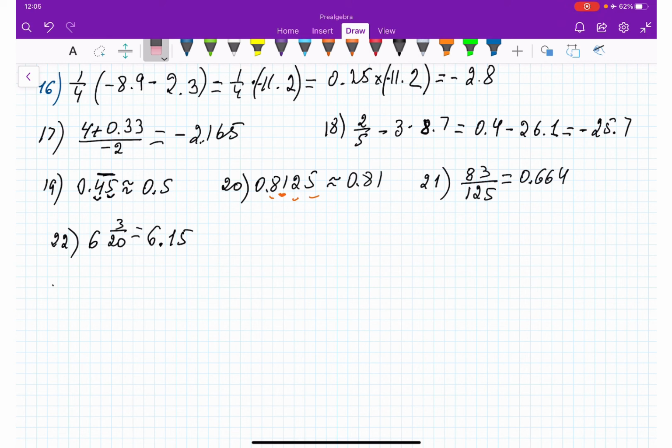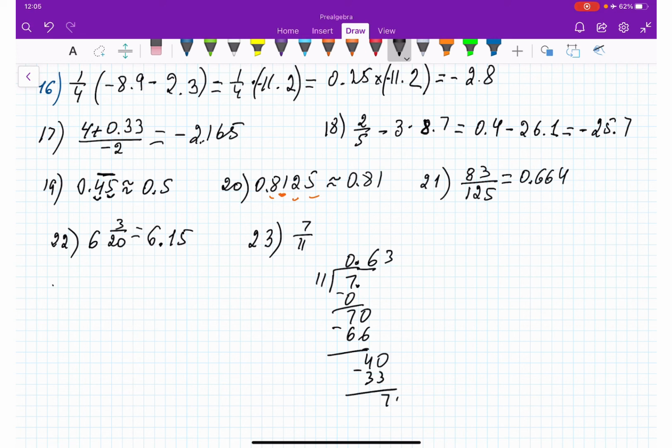Solving question 23. We have a total of 24 questions to solve, 23, 24, and we are done. So write as an equivalent decimal 7 over 11. Dividing 7 by 11, 0 right away, decimal point, and then 0. So 70 divided by 11. It's going to be 6, 66. 10 minus 6 is 4. 40 divided by 11, it's going to be 3 times, 33.